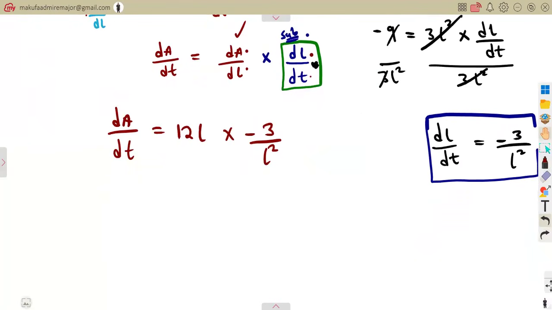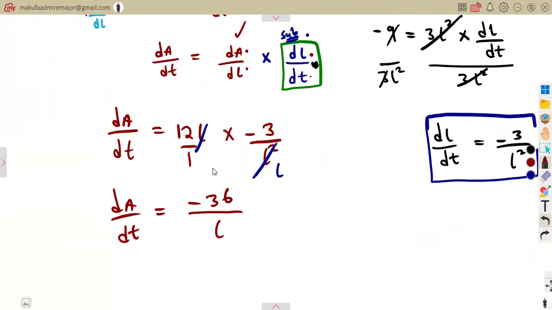So with this now, we can determine our rate of change. So the rate of change with respect to time for the area was going to be what? If you simplify, that's L into L squared, that's going to be L. So this is over 1, so it's -36 over L. This is our expression for the rate of change of area, but we are given the length.